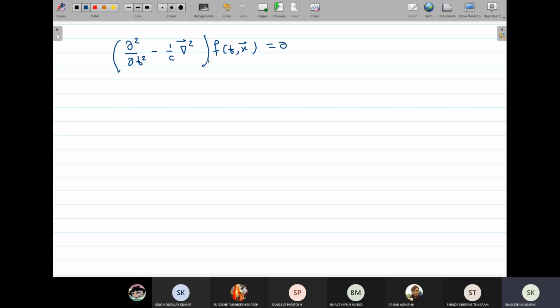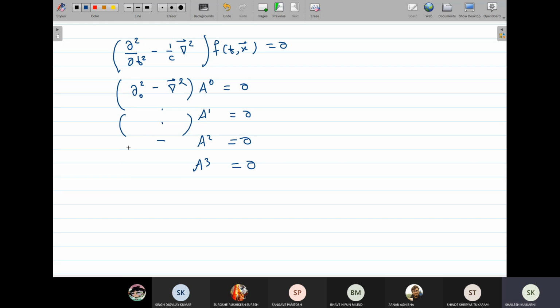The wave equation: now instead of F, I have del 0 squared minus gradient squared, with factors of c and everything, acting on A0 is 0. Similarly, acting on A1 is 0, similarly A2 is 0 and A3 is 0.